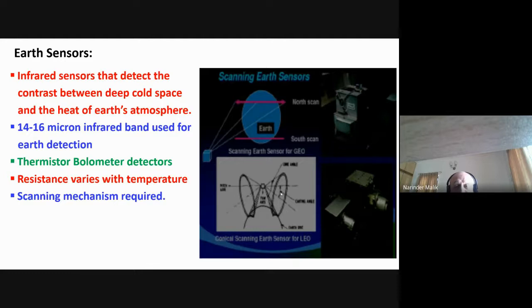If there is any attitude error, say a roll error, the chord width measured by one scan will be bigger than the other, and the difference will be a measure of the roll error. Similarly, you measure the shift.